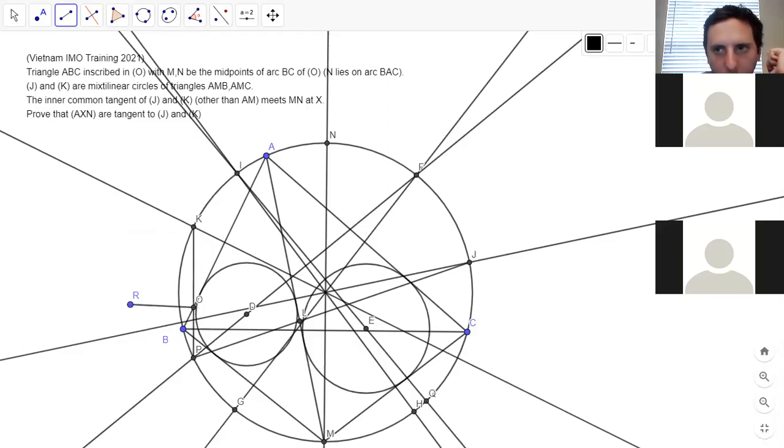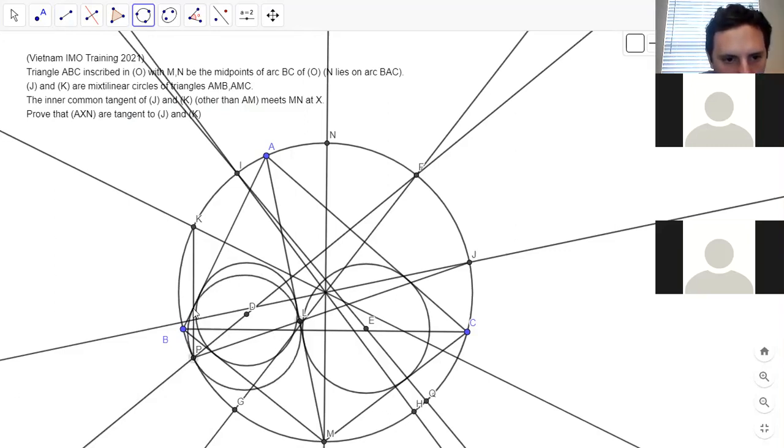Okay, I think that should be it. Whoops. Who knows though, maybe I messed up somewhere. P, L, there we go. And then I need the midpoint of arc AC.